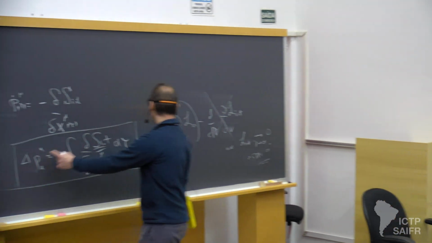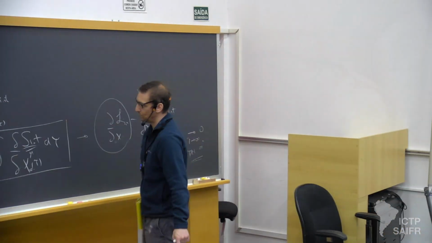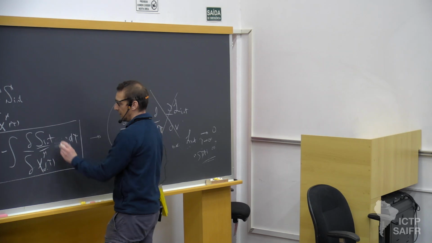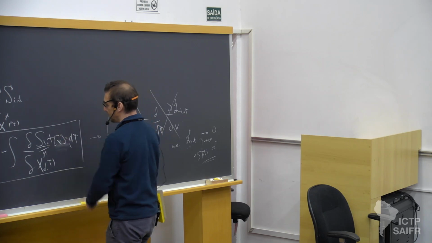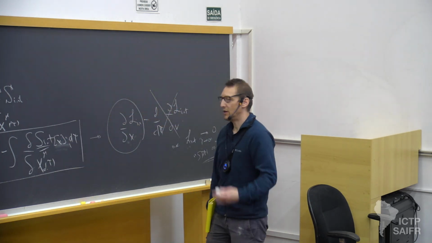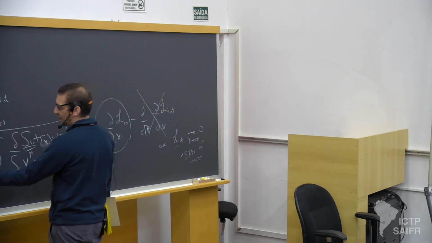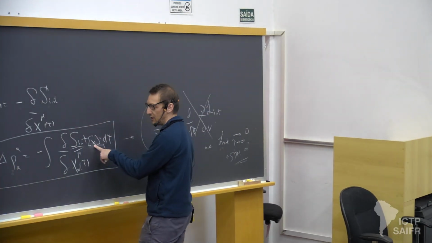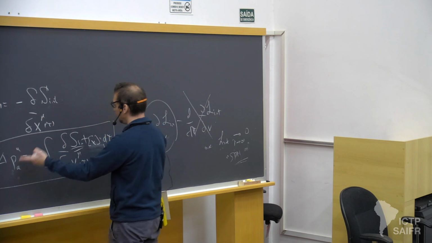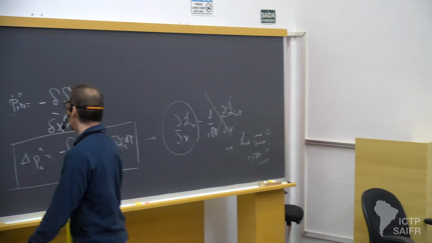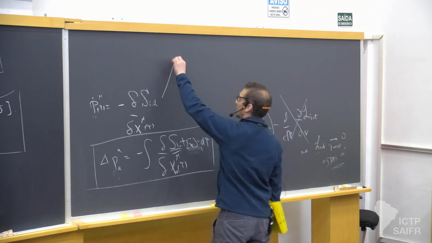So it's the integral of this thing. But this is evaluated on the trajectory, so I need to do this iteratively. To a given PM order, I'm going to get the first iteration by assuming that there is no deflection, then the second iteration by assuming that there is a deflection at 1PM, and so on. So I'm going to solve these equations iteratively.